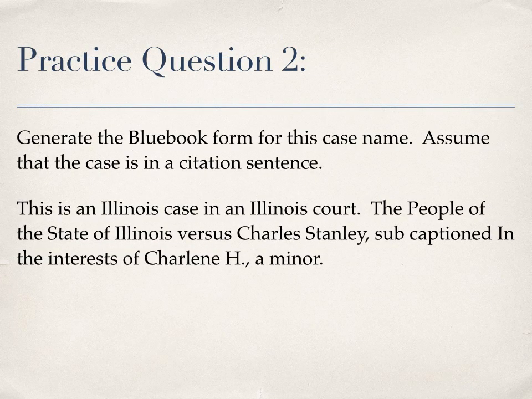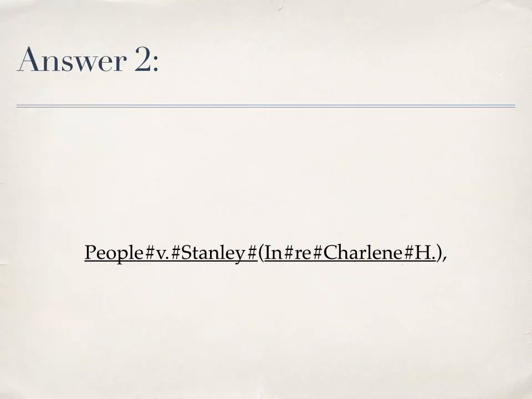Here's your next question. Note, this is a state case in a state court. This question tested your ability to apply 10.2.1's rules for citing a dual-named case. This is a case with both an adversarial and non-adversarial name.